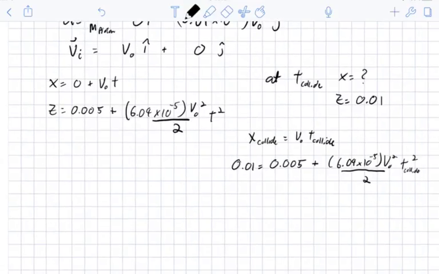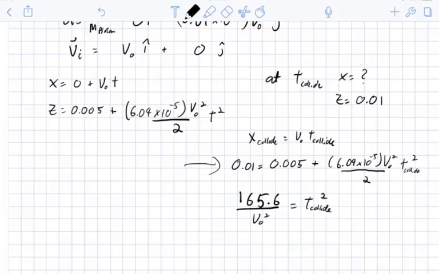So I'm going to rearrange this expression: 0.01 minus 0.005, times 2, divided by 6.04 e minus 5. So it's going to be 165.6 over v naught squared is equal to t collide squared.